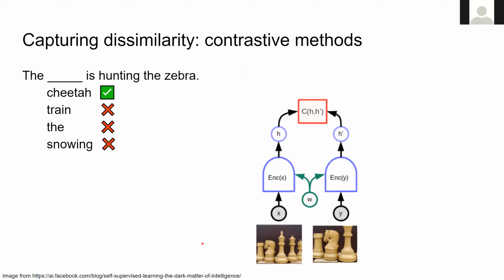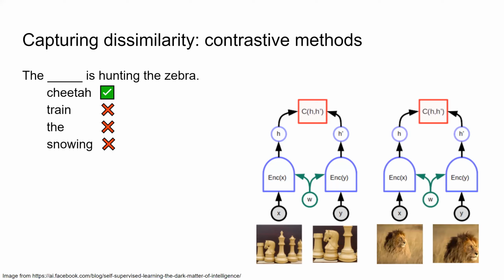And so basically what you do, with the very simple approach of negative sampling, is you just pick another random picture. So let's say in this case, a lion, and you can do the same thing. You have your two versions of your lion, you pass them through your Siamese network, you get two representations that should be similar to each other because they're both representations of the same lion.